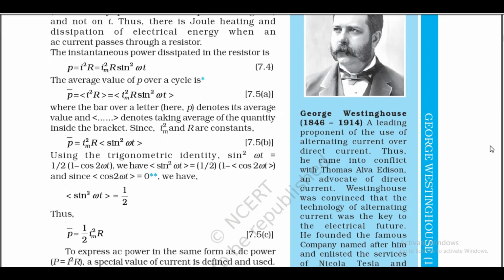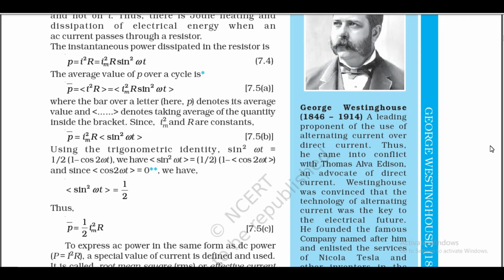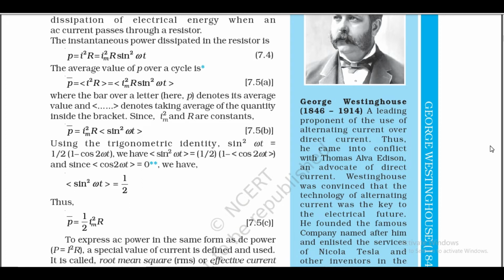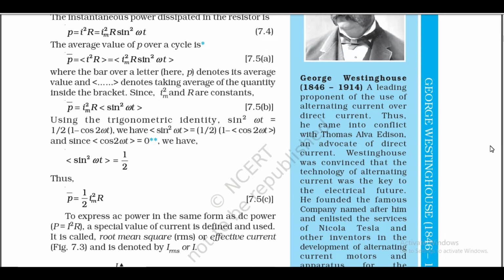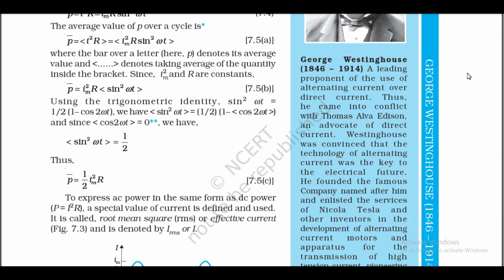The instantaneous power dissipated in the resistor is p = i squared R = im squared R sine squared omega t. The average value of p over a cycle is p bar = <i squared R> = <im squared R sine squared omega t>, where the bar over a letter denotes average value and the angular brackets denote taking the average of the quantity inside.